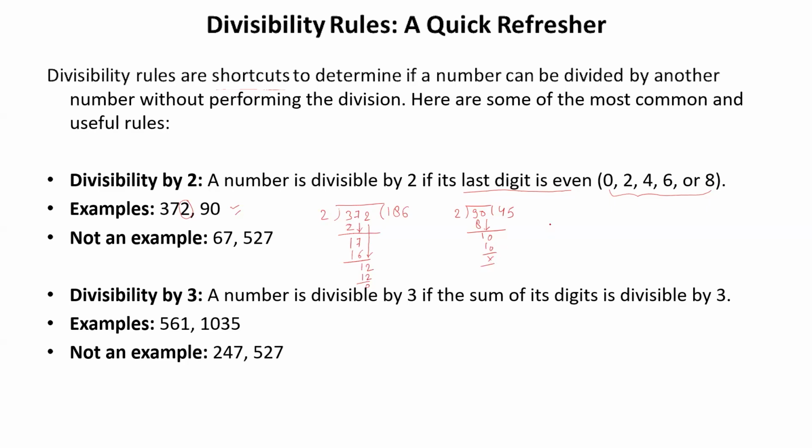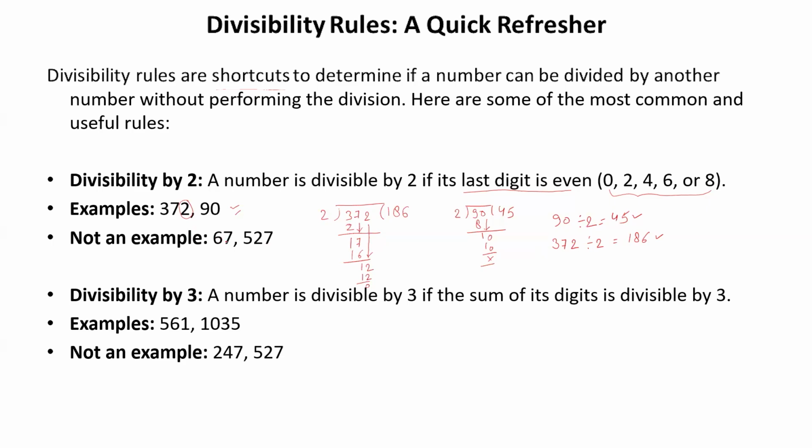Remainder is 0. So you can see that if you divide 90 by 2, you are getting 45. So it is completely divisible. Similarly, when you divide 372 by 2, you get 186. Again, completely divided by 2. So the rule seems to be correct.